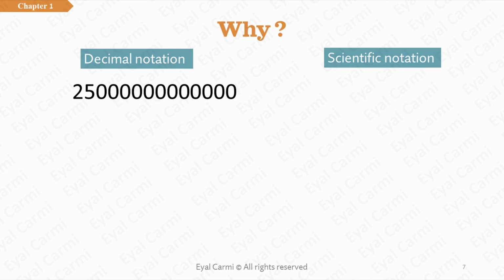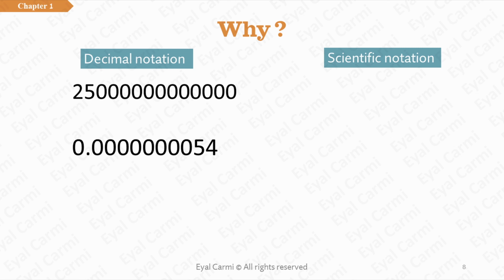Let's talk about why the scientific notation is used. Many calculations involve numbers whose value is too large or too small. Writing those in the decimal notation is too awkward to write. Take for example a large number like 25 followed by 12 zeros, or a small number like 0 point followed by 8 zeros followed by 54.